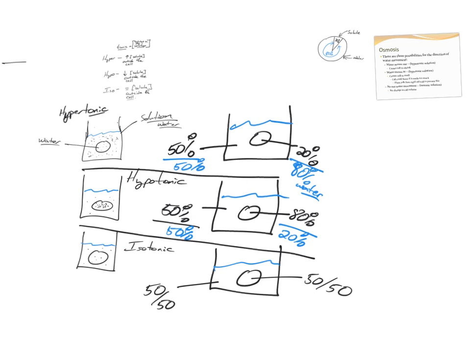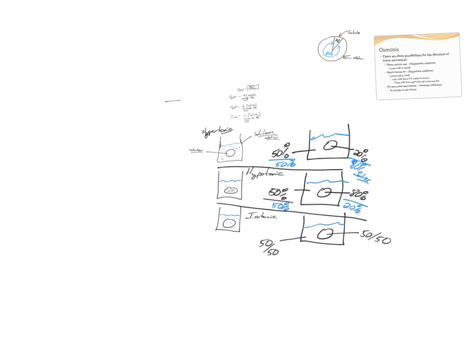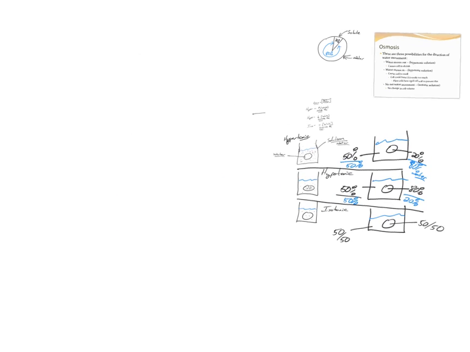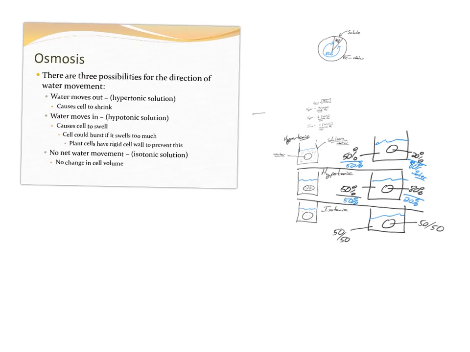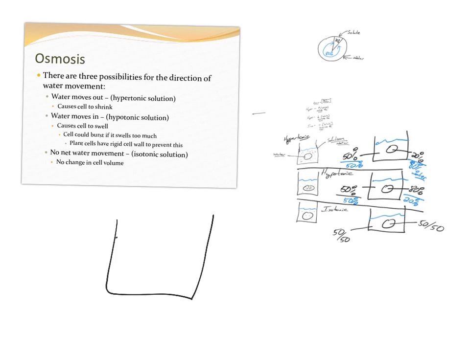So let's go ahead. We got that. So now let's take a look at what osmosis is. Osmosis is the movement of water. Why would water ever move? If the solute can move, what moves? The solute, right? We said that about diffusion.